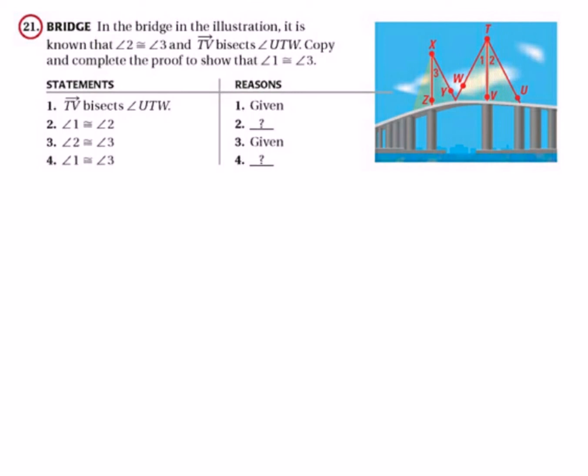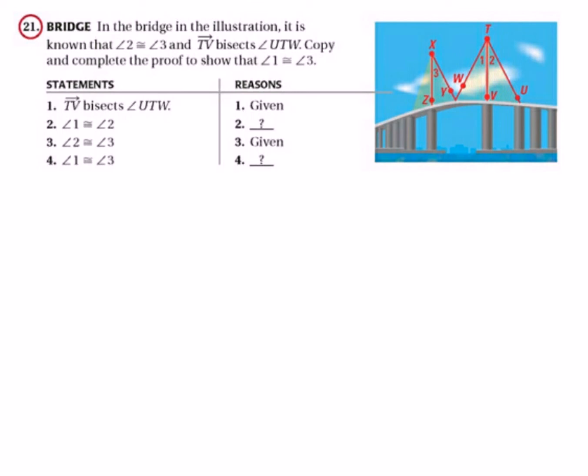Number 21 says, in the bridge, in the illustration, it is known that angle 2 is congruent to angle 3, and ray TV bisects angle UTW.